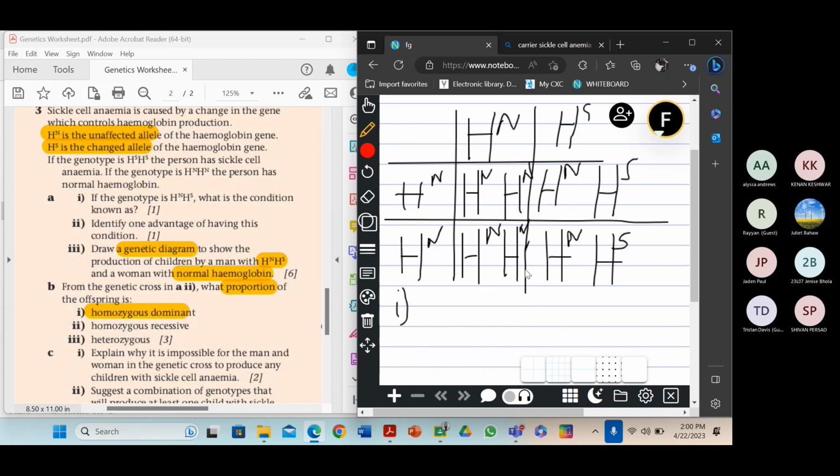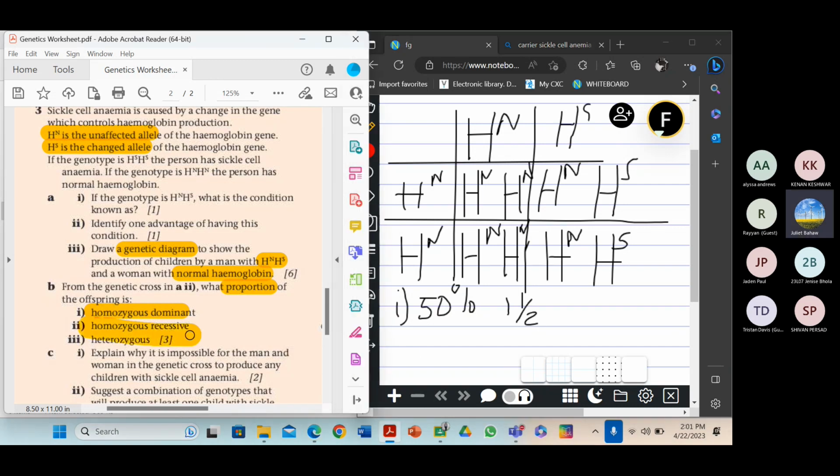Tell me. Anybody there? Miss, 50. Okay, so we're hearing 50% homozygous dominant, correct? Or if you want to represent it as a fraction, half.